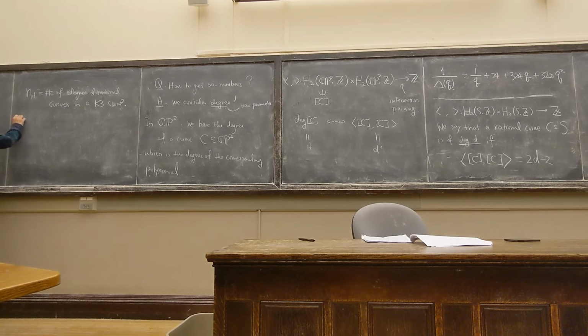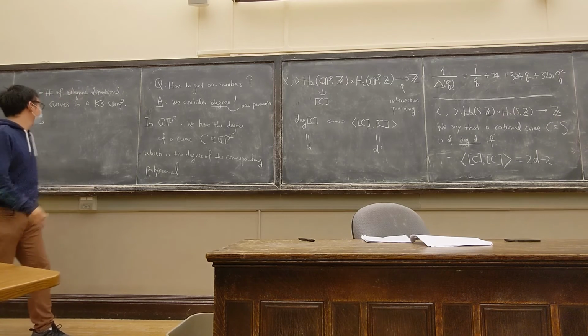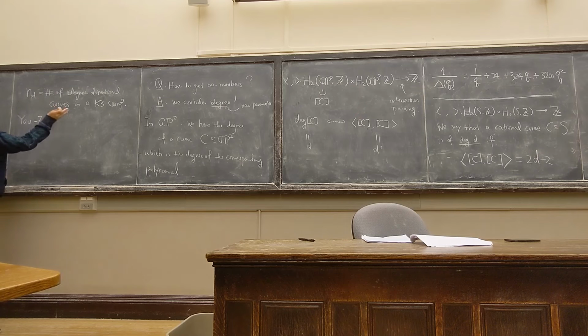And now I'm going to give you a more precise formulation of the thing I mentioned at the beginning. This is the so-called Yau-Zaslow formula.